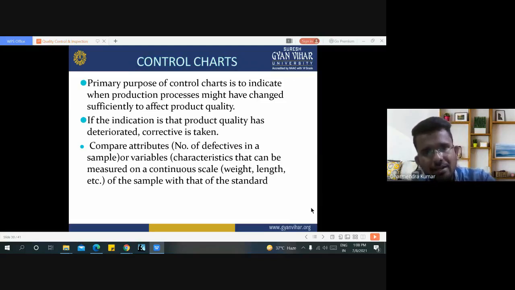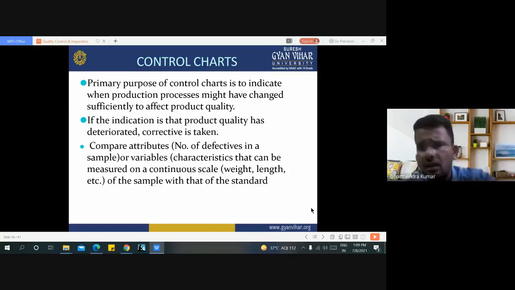If the indication is that product quality has deteriorated, corrective action is taken. If the chart regularly shows that the product quality deteriorates, then it's time to take corrective action and improve the quality of the product. Compare attributes or variables of the sample with those of the standard.